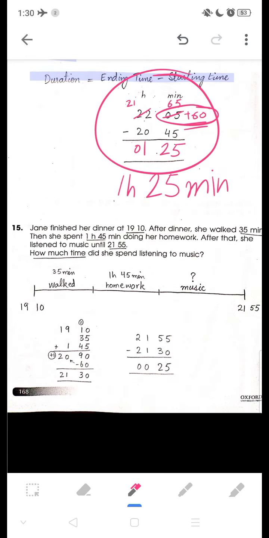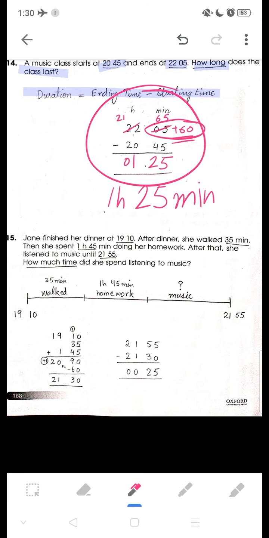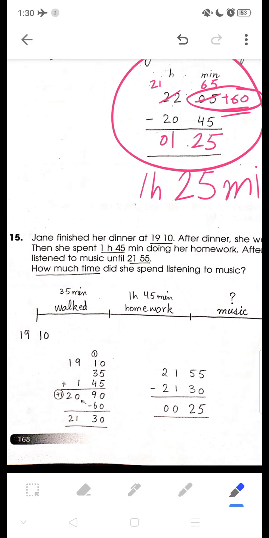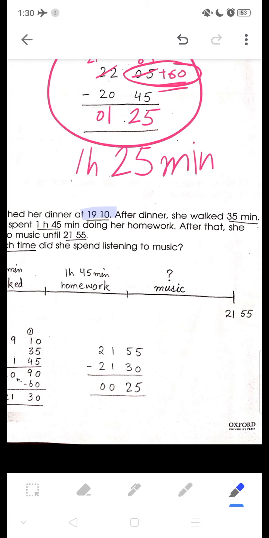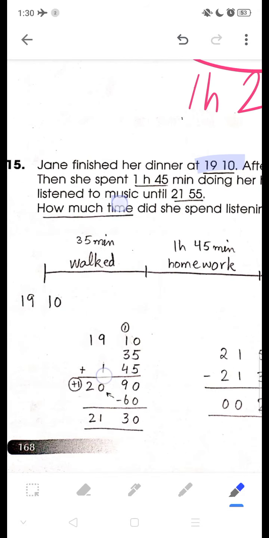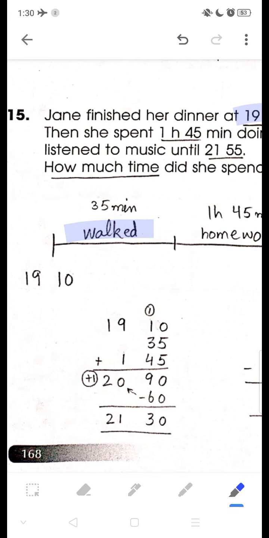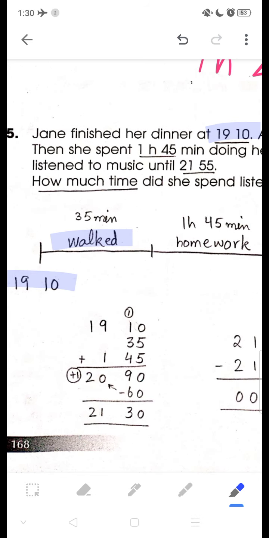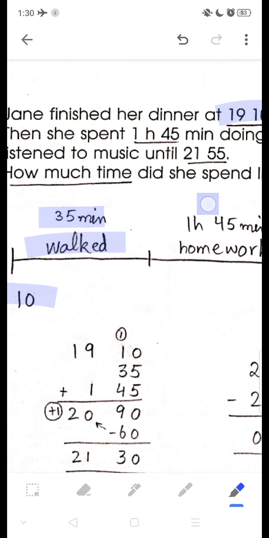Okay, now next question. Jane finished her dinner at 19:10, and after dinner she walked for 35 minutes.